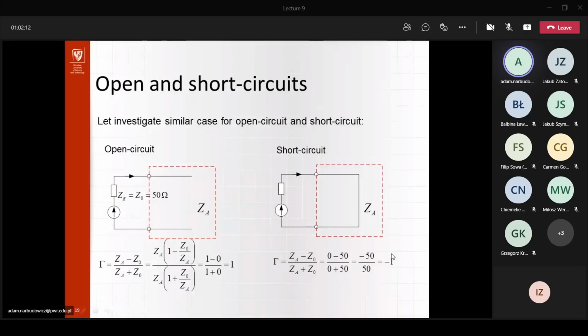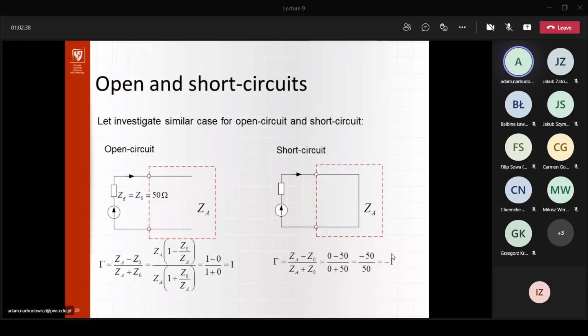And this minus sign is exactly what I was trying to tell earlier: it means there will be a 180 degree phase flip upon reflection, right? So it will still be a standing wave, just the phase component will be reversed.